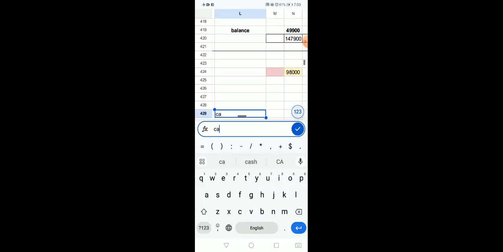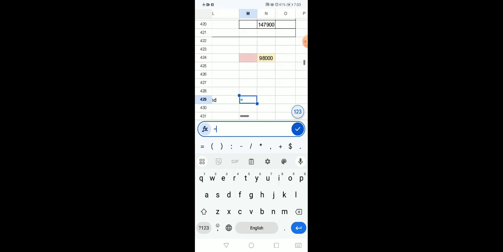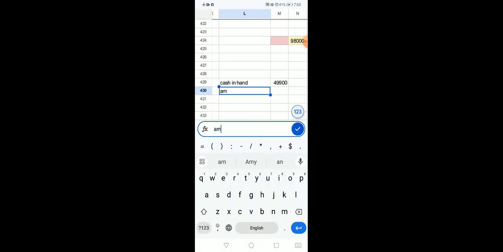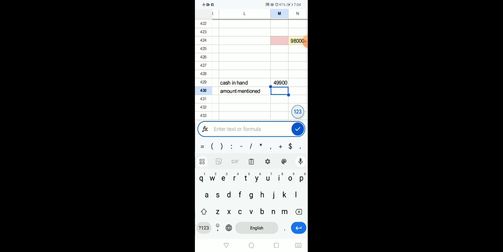Now write over here how much cash is in hand. That is 49,900, and the amount mentioned is 21,400 in the book. You will mention over here 21,400.